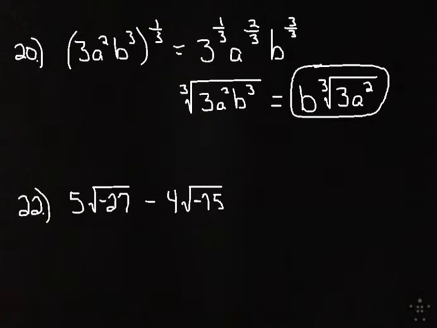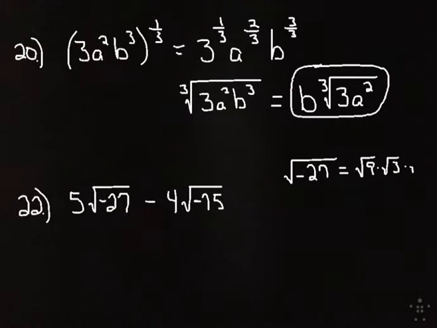What's a perfect square that's a factor of 27? Yeah, this is the same thing as the square root of 9 times the square root of 3 times the square root of negative 1. All right? Now, let's write that out then. What is the square root of 9? 3. Square root of 3? Don't know. It's just square root of 3. Square root of negative 1?